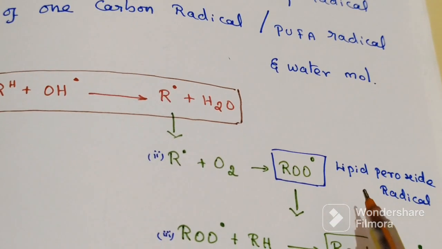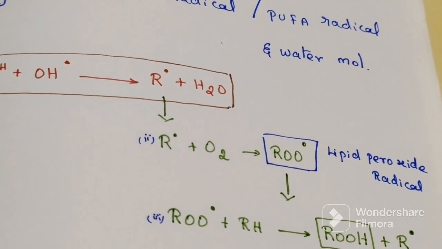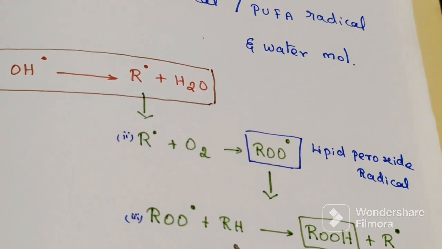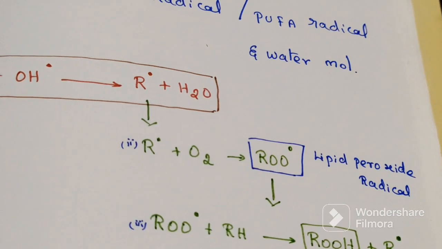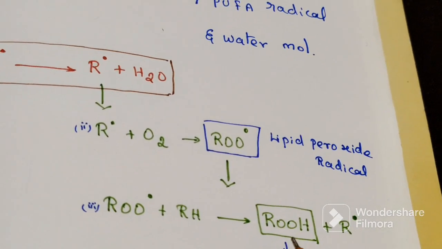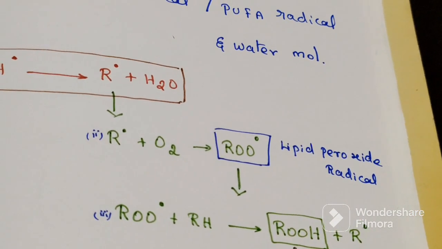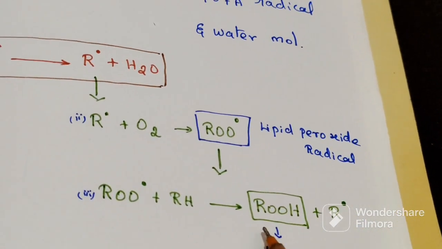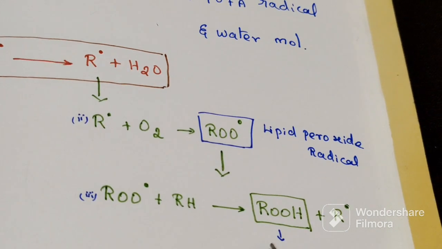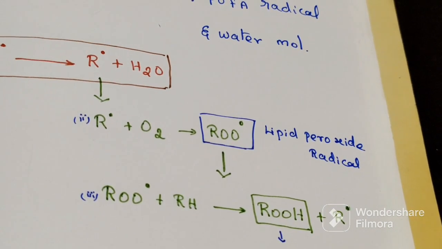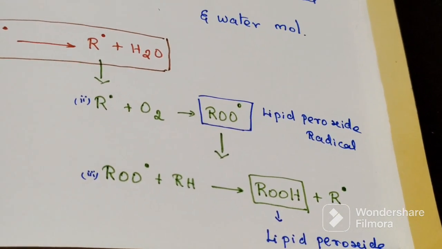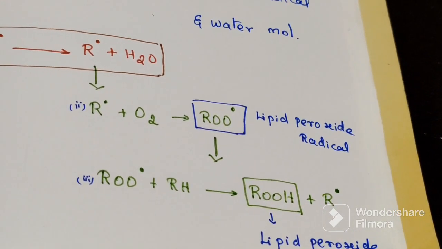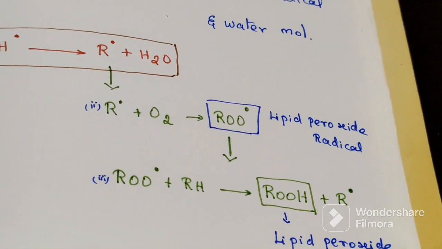This lipid peroxide radical has a tendency to combine with another molecule of PUFA, RH, to form lipid peroxide and a carbon radical. This lipid peroxide is the promoter or stimulator of lipid peroxidation.